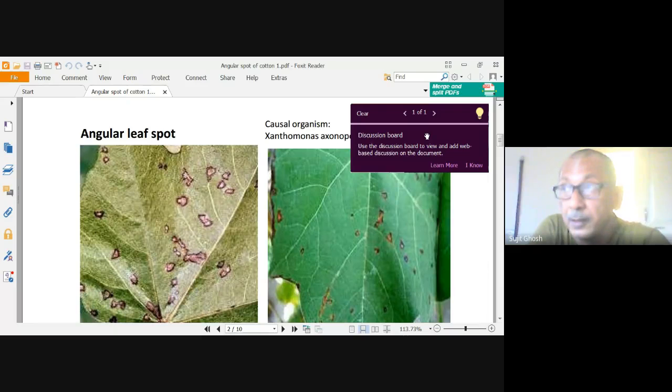Another topic of bacterial disease, bacteria that causes disease in plant, and it is angular leaf spot. Now, in the previous lecture, we have discussed the canker, that is a nearly roundish spot.